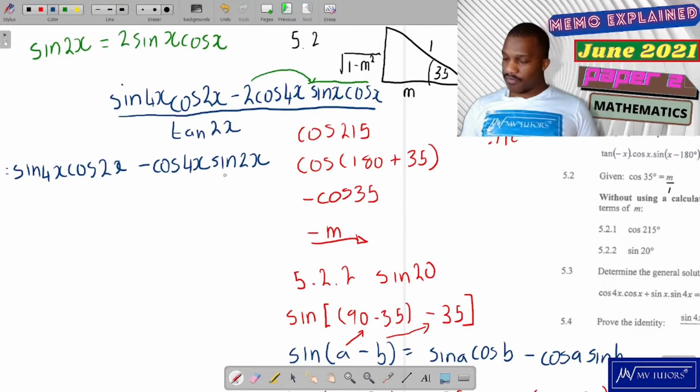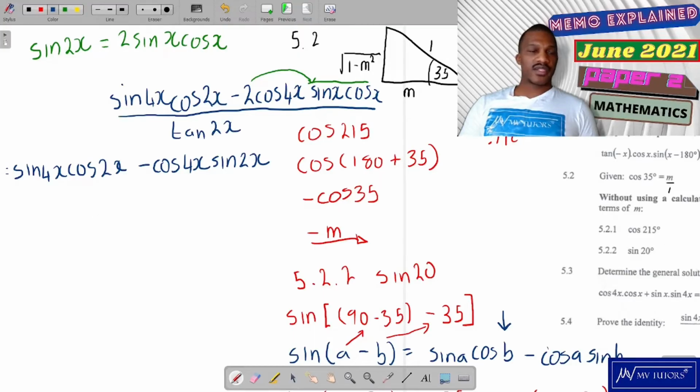Now if I go to my formula sheet and check, what does that give me? If you look at this one over here, remember this, sine a minus b is equal to sine a cos b minus cos a sine b. So in this case, a is 4x and b is 2x.